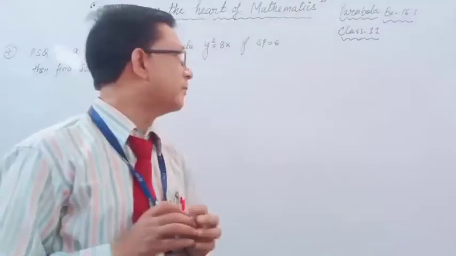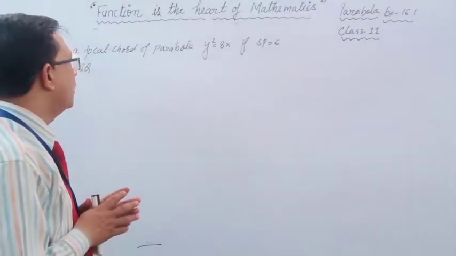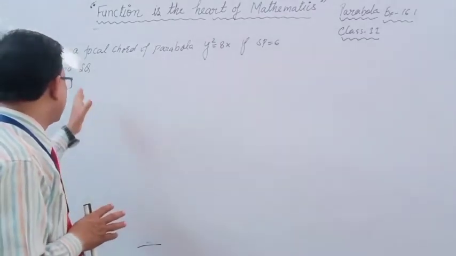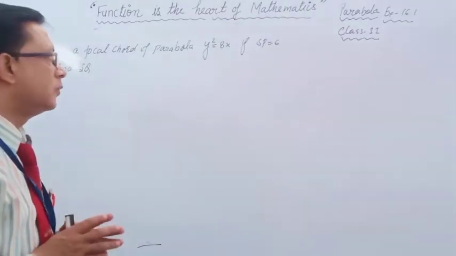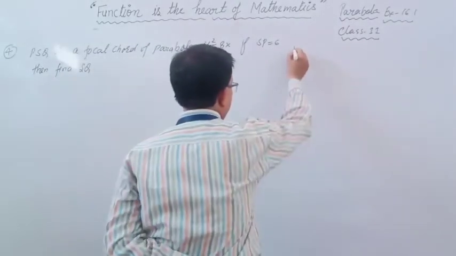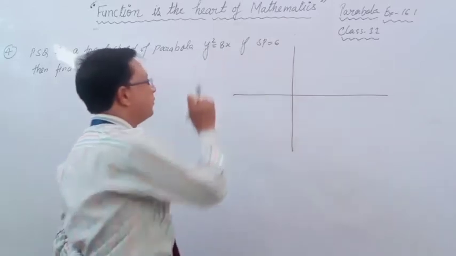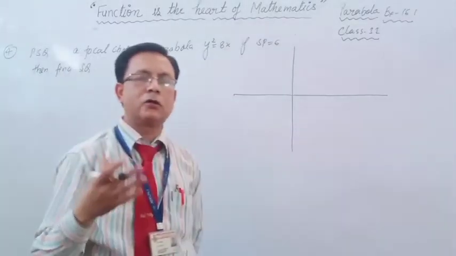The question is: PSQ is a focal chord of the parabola and SP is given, and we are going to find SQ. Let's draw the diagram first. This is your standard parabola, y square is equal to 8x, along the x-axis.